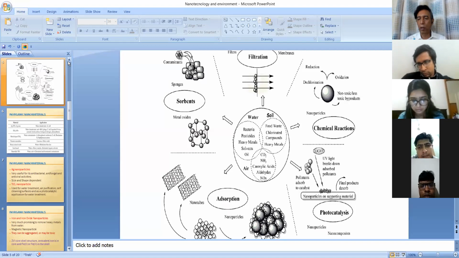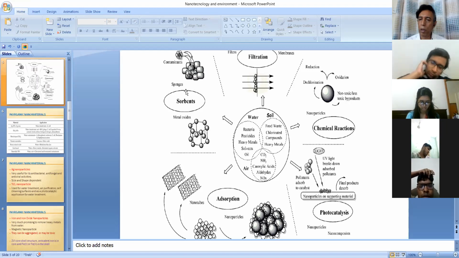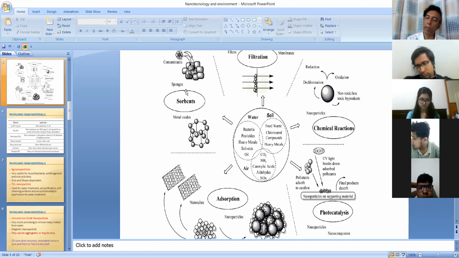Absorption by nanoparticles, photocatalysis by nanoparticles, or sorbents, everything is now in the research stage. So it will take some time, because the nanomaterial itself is a pollutant or contaminant. I told you the nanomaterial itself is a pollutant or contaminant.